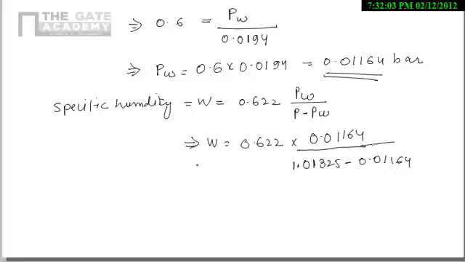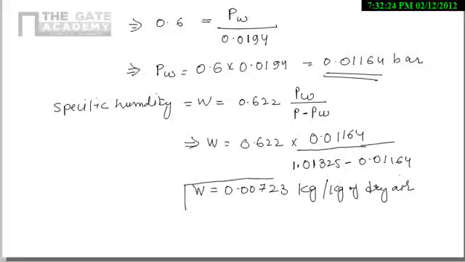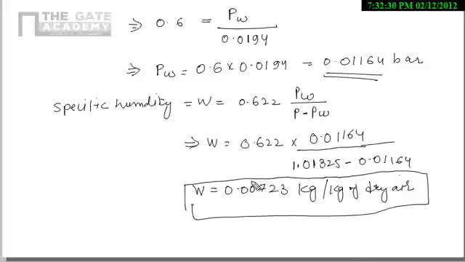If we calculate this, we will get W equals 0.00723 kilogram per kg of dry air. So the specific humidity in that problem will be 0.00723 kilogram per kilogram of dry air.